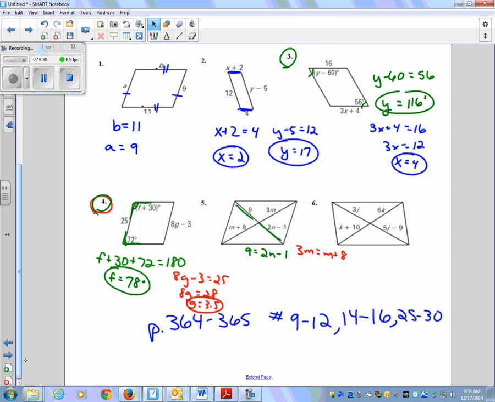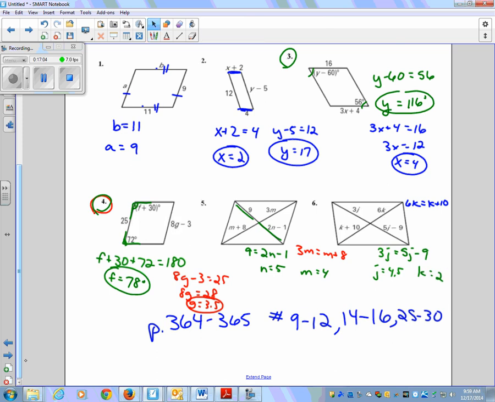And then the last one, 3j equals 5j minus 9, and 6k equals k plus 10. Your answers there turned out to be, I think I put them on the bottom for you guys, right? N is 5, M is 4, J is 4.5, and K is 2.